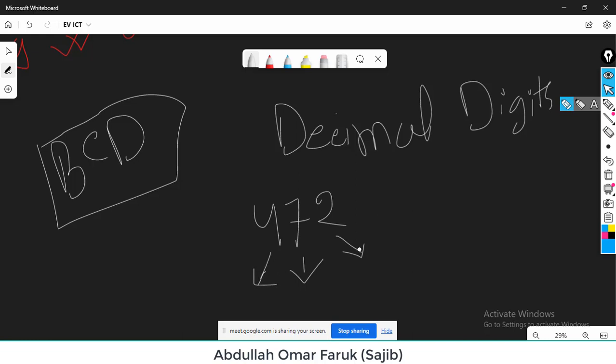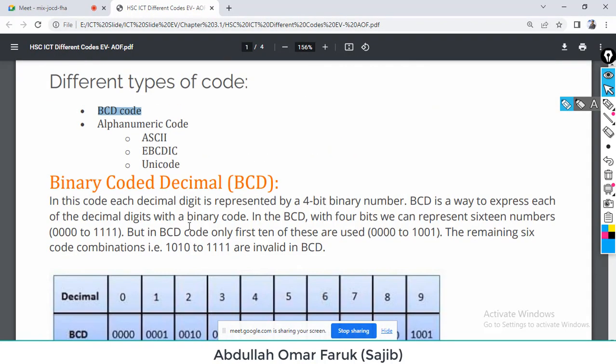I repeat, for each and every decimal digit from 0 to 9, 4 binary digits will be written, and this process is called BCD. If you see the definition, you can understand this: in this code each decimal digit is represented by a 4-bit binary number. BCD is a way to express each of the decimal digits with a binary code.